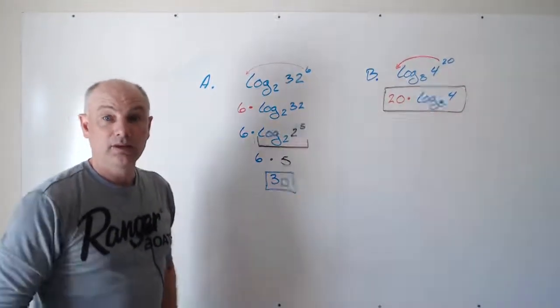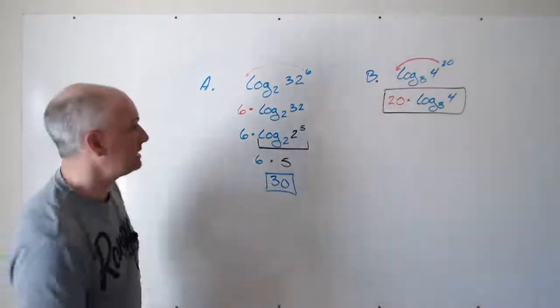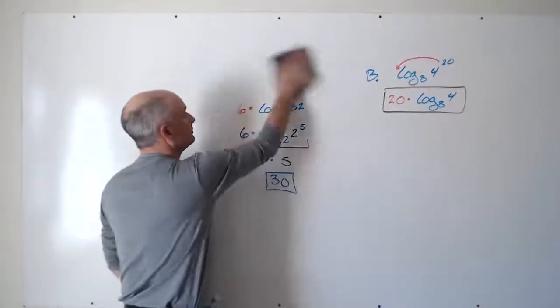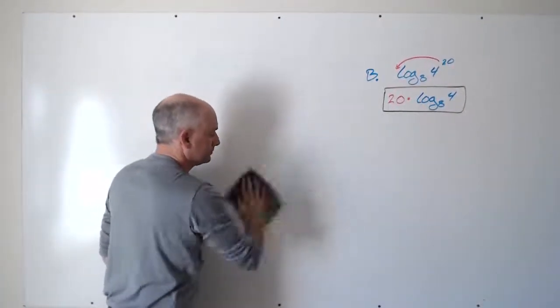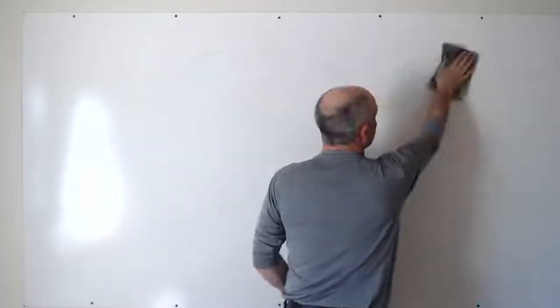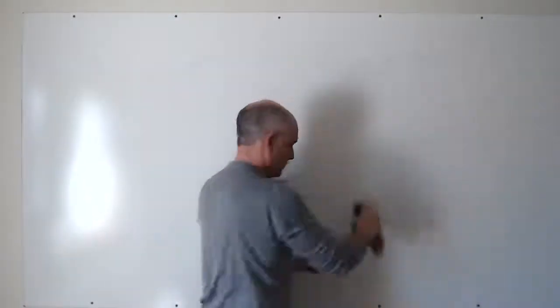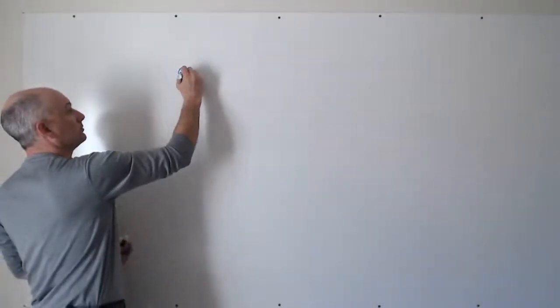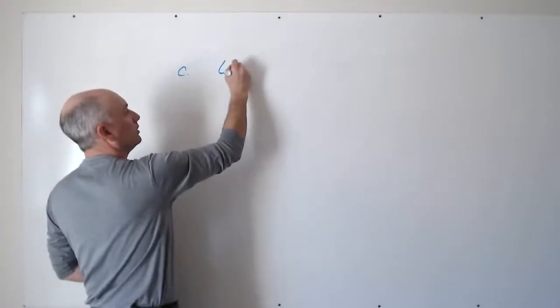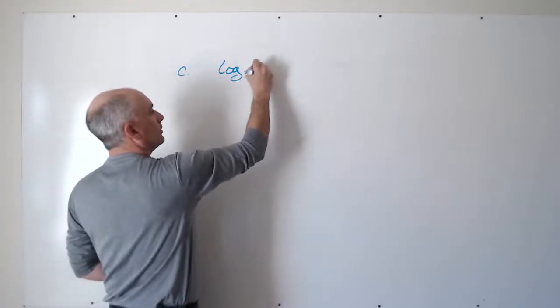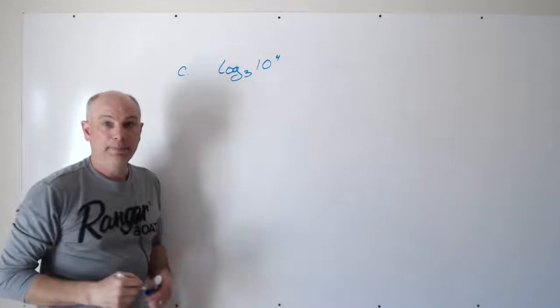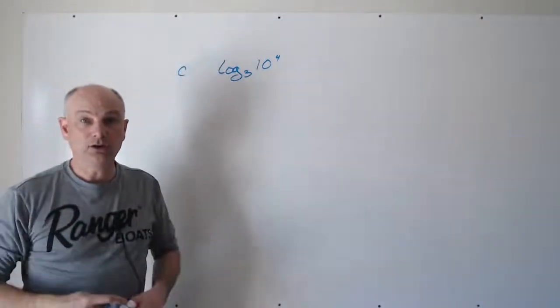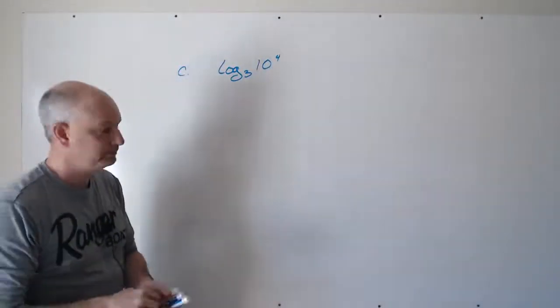All right? Okay, so take a look at part C. In part C, we have log base 3 of 10 to the 4th. Okay, try it. Pause the video. When you're ready, come on back.